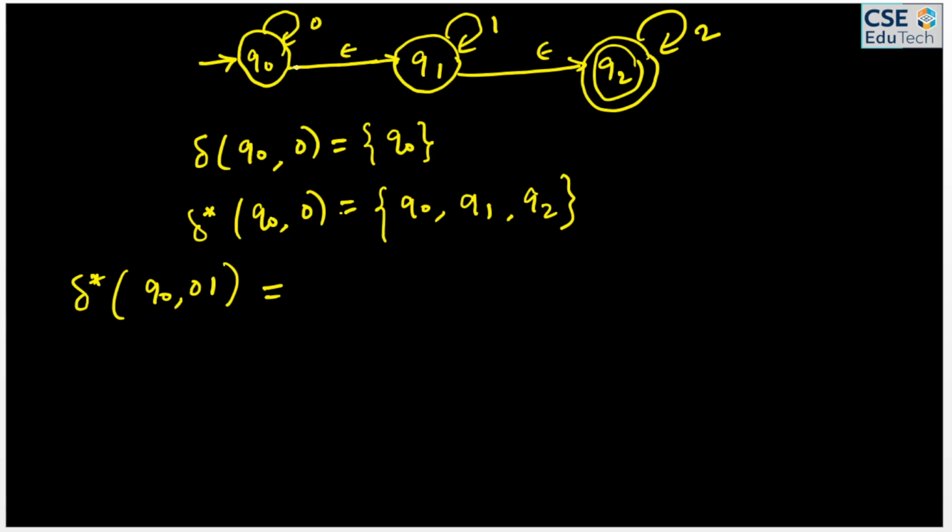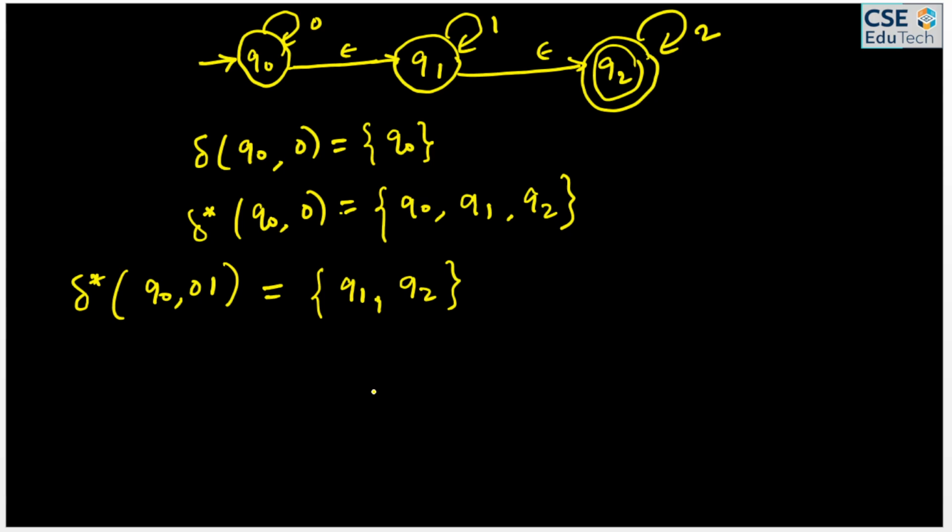Then without reading any symbol, you can move to Q1, where you can exhaust this 1. Now you are in Q1. So the possible states are Q1, and without reading anything from Q1, you may also go to Q2. So Q1 and Q2, these are the possible states that you can move.